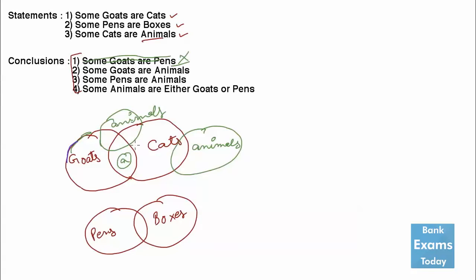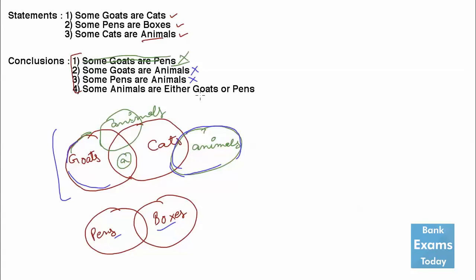But give a look to this circle. If this is the situation, here are animals and here are goats, then the conclusion doesn't follow. Some pens are animals. There is no relation between the pens and boxes with this graph, so cut it out.